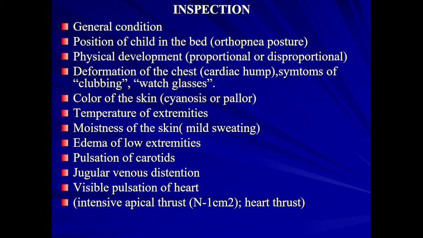Color of skin: cyanosis or pallor, and temperature of the extremities. The temperature of the extremities depends on blood circulation in the extremities. In some heart problems, we have a change in temperature of the extremities.